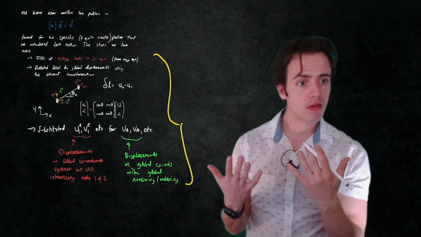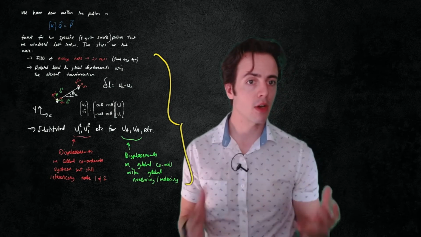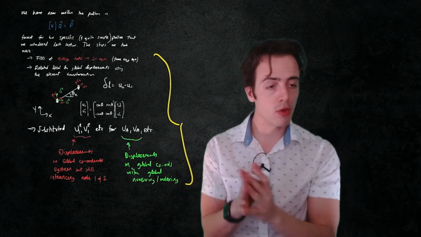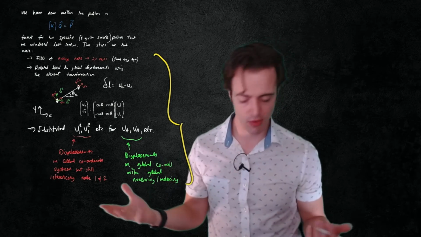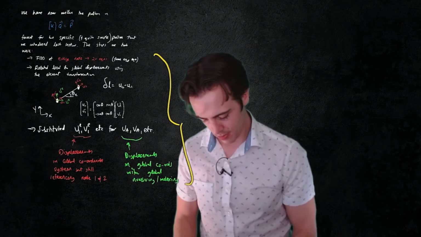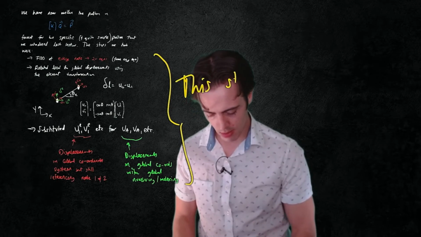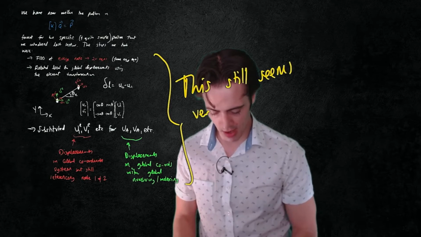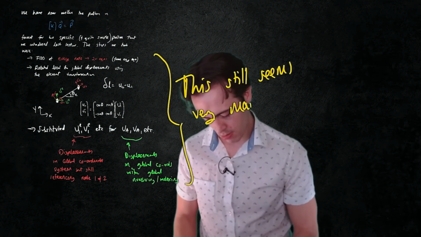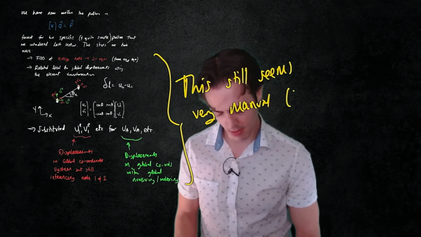We had to do this for each element, and it doesn't seem yet like we've reached our goal of what we wanted to do with the finite element method, which was automating the solution to truss frames. So this still seems very manual. I'll put in brackets here because it is.